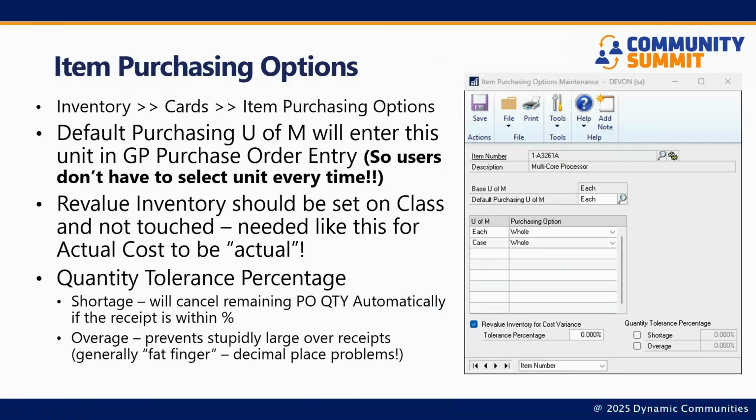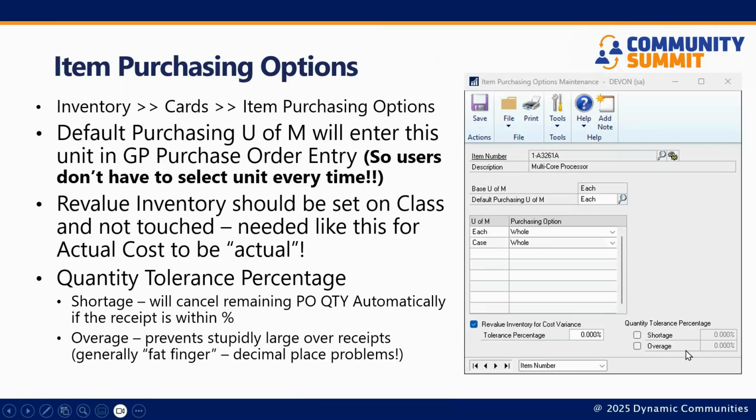There's a little shortage because it's close enough. And that's what the vendor's going to bill them, that shortage quantity. So what the quantity shortage tolerance allows them to do is if they check this box and put that percentage in, it will actually automatically cancel that remaining PO quantity if that receipt's within the percentage. So nobody has to go back to the PO and say, no, we're not getting those 3 more pounds.